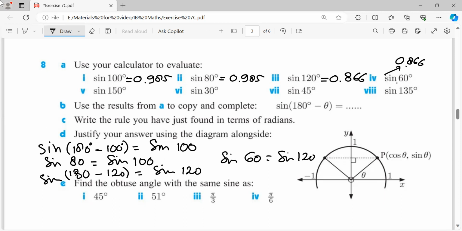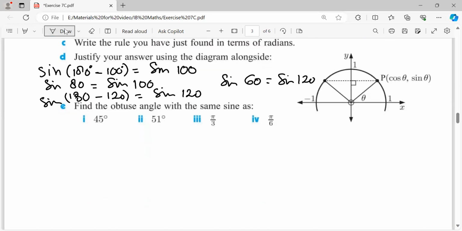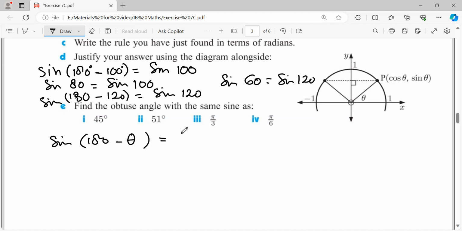Okay. I got that sine 180 minus theta equals sine theta.